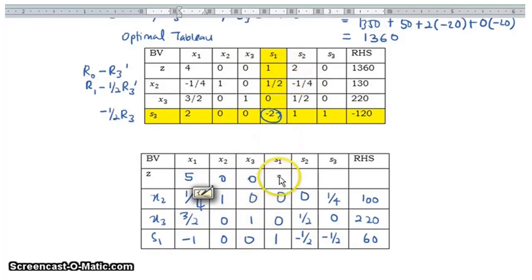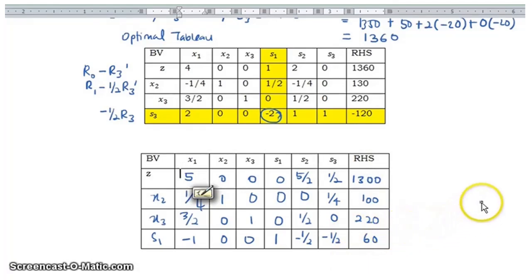S1 also 0. S2 is 2 minus negative 1 over 2. We'll get 5 over 2. And S3 is 0 minus negative 1 over 2. So here is 1 over 2. The right hand side, 1360 minus 60. So the right hand side of row 0 is 1300.